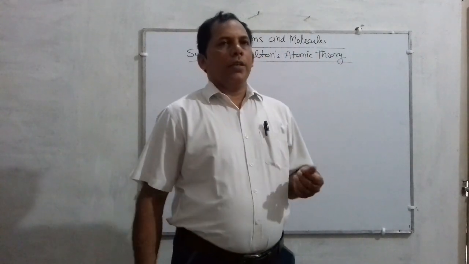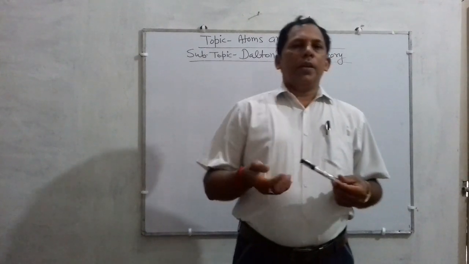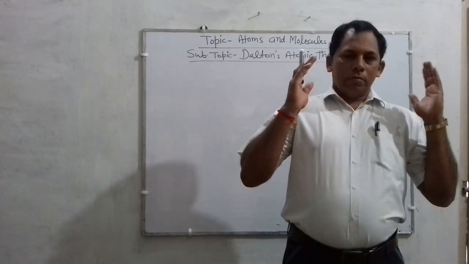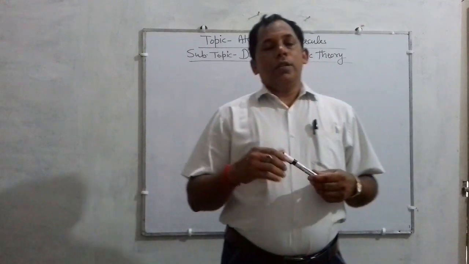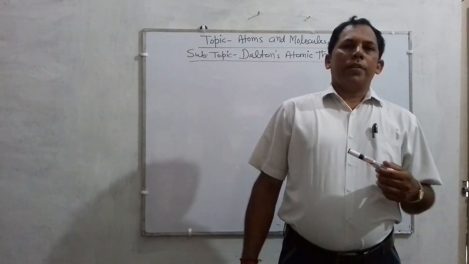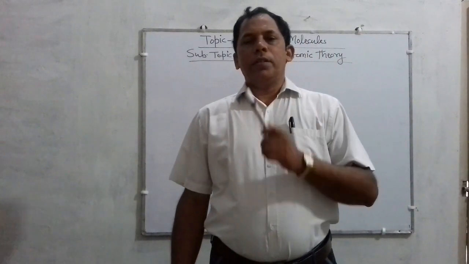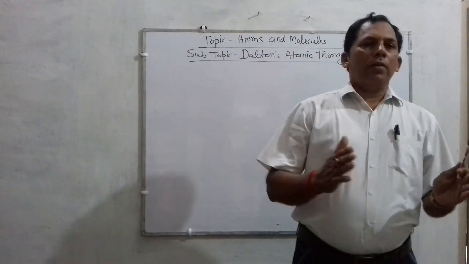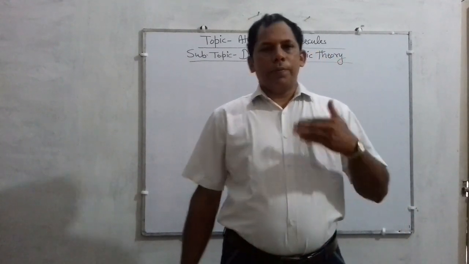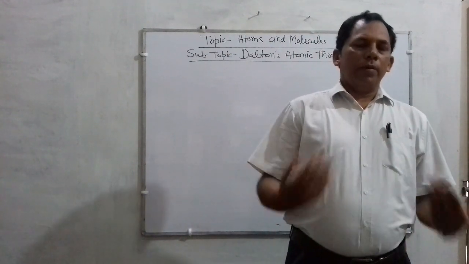In this chapter I have already taught you what is an atom, what is a molecule, and examples of these two, and especially what are the laws of chemical combination. I also explained in detail the law of conservation of mass and the law of definite or constant proportion, with the help of a suitable activity or example.